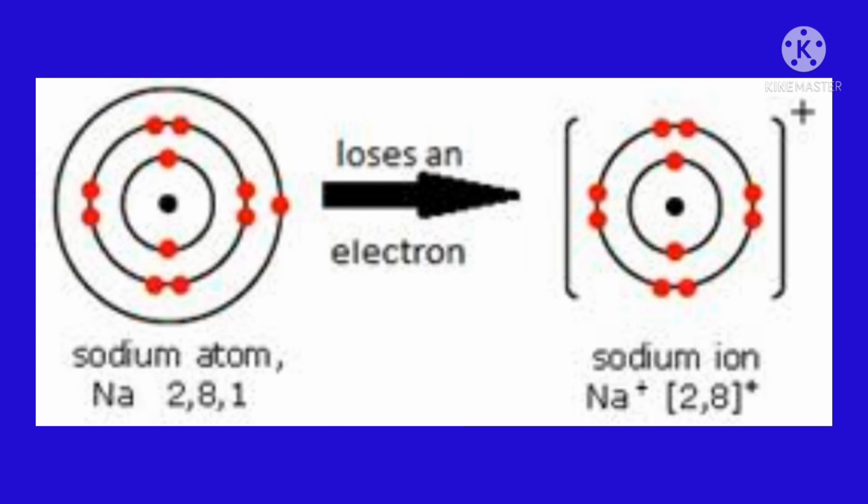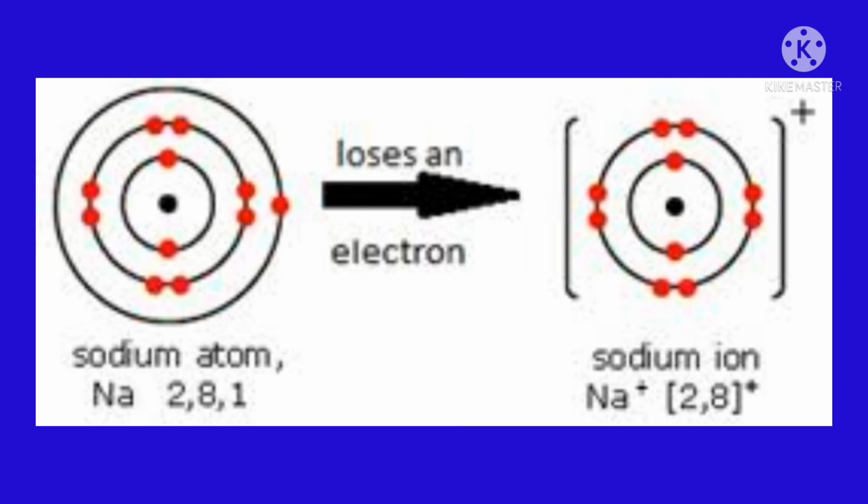Sodium atom has a total of 11 electrons. These electrons are distributed in various levels around the nucleus. Sodium's first shell has 2 electrons, the second shell has 8 electrons, and the remaining 1 electron occupies the third shell. Here the sodium last shell has only one electron. If the last shell has 8 electrons, then that atom is considered to be stable.